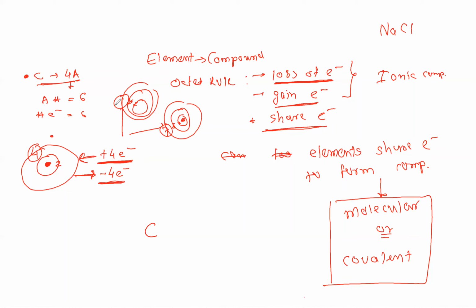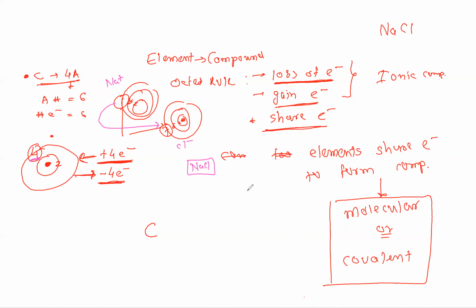When this one is lost, let me change the color so you know, when this goes here, this Na is going to become Na+, Cl is going to become Cl-, and these are going to come together in the form of NaCl. This is what's going to happen. The same way for carbon, this is the valence electron. So these are the ones which are involved in sharing the electrons with something else.